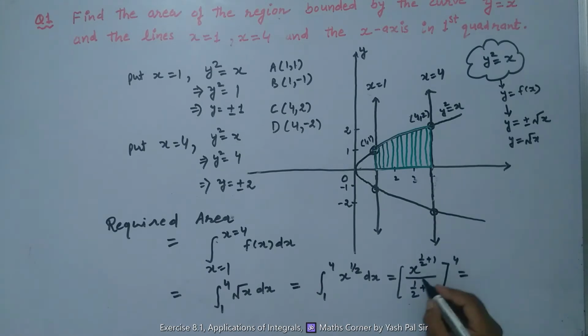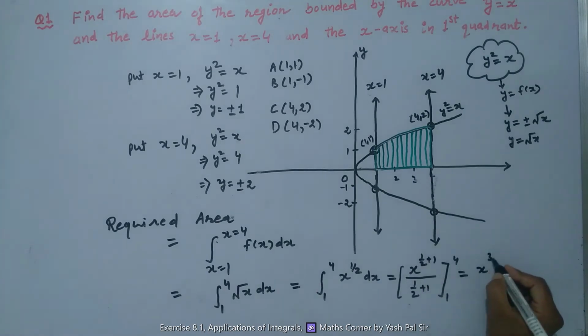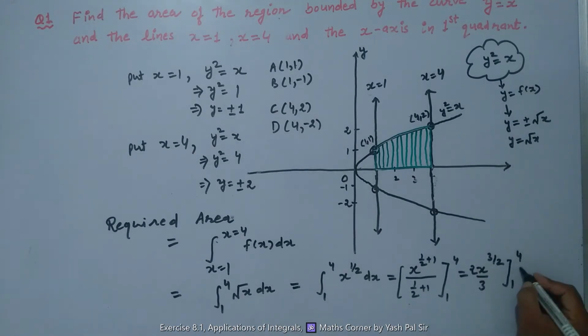This is equal to x raised to power 3 by 2 upon 3 by 2, limit 1 to 4. So first of all, this becomes 2 by 3 is outside, 4 raised to power 3 by 2 minus 1 raised to power 3 by 2, right?